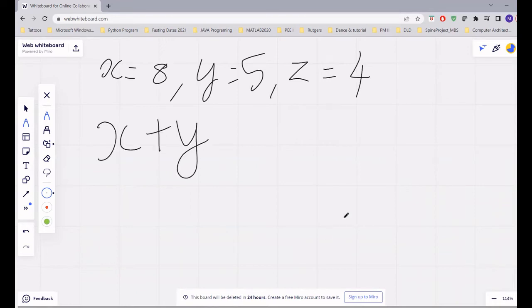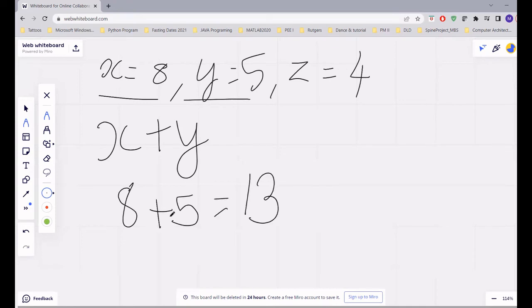How would you evaluate these expressions? Let's substitute x plus y. As you can see, x is 8 and y is 5. 8 plus 5 equals 13. And this is how you simplify the algebraic expression.